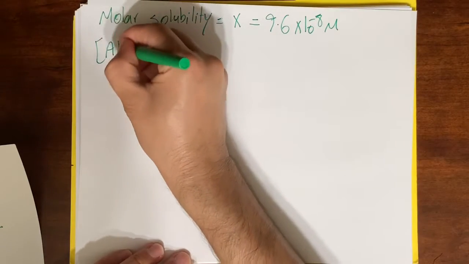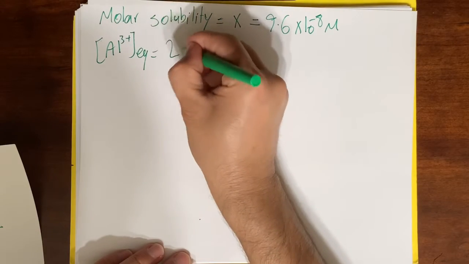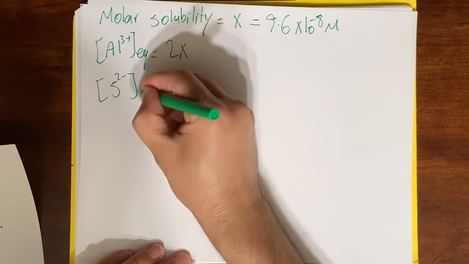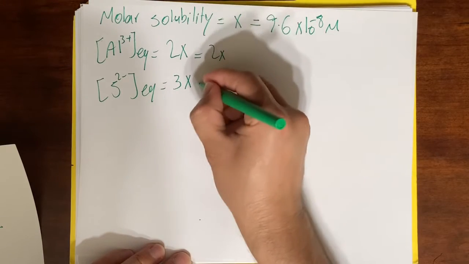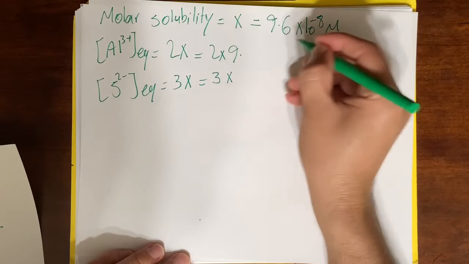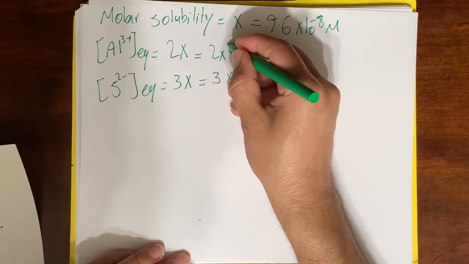The concentration of aluminum is equal to 2x, and the concentration of sulfide is equal to 3x, multiplied by 9.6 multiply 10 to the power of minus 8.